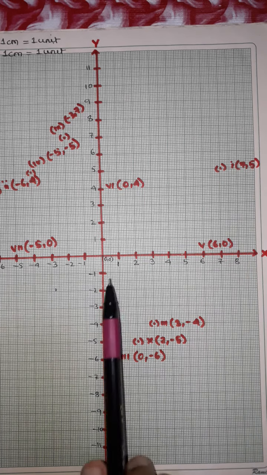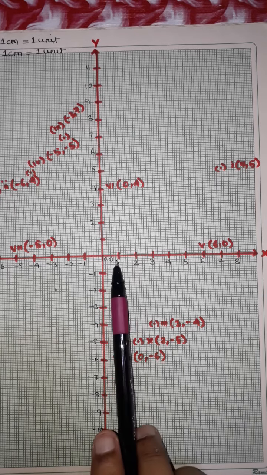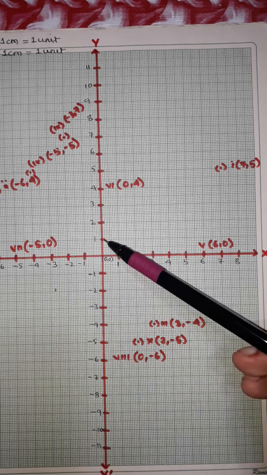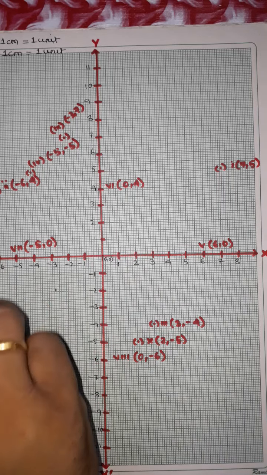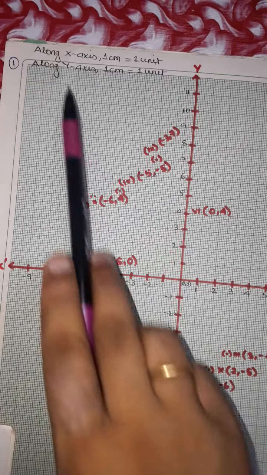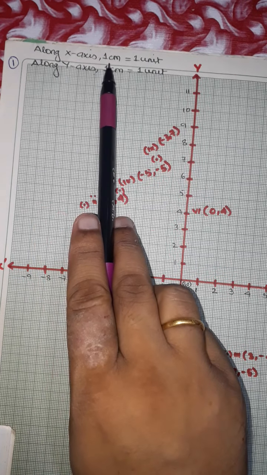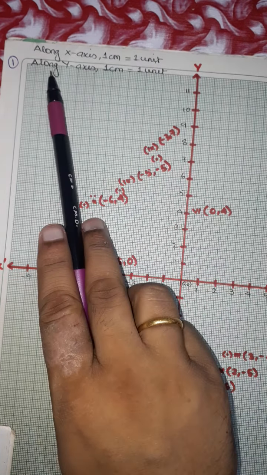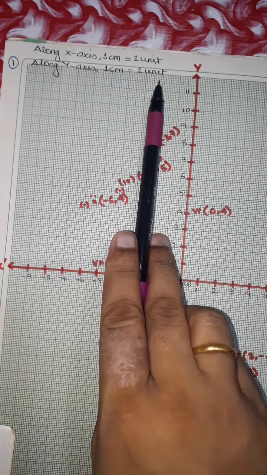Before that you must scale the axis. This measurement is 1 centimeter, this also 1 centimeter. Along the x-axis, 1 centimeter is equal to 1 unit. Along the y-axis, 1 centimeter is equal to 1 unit.